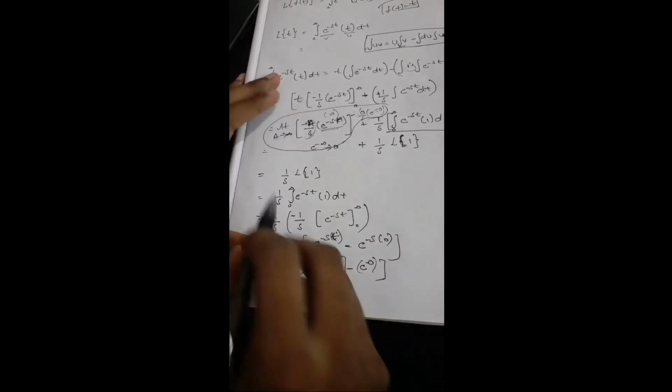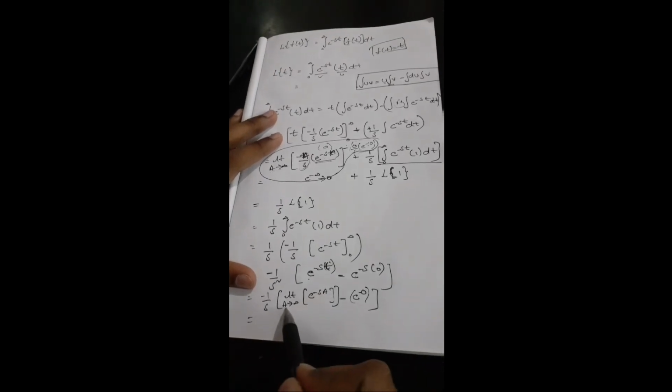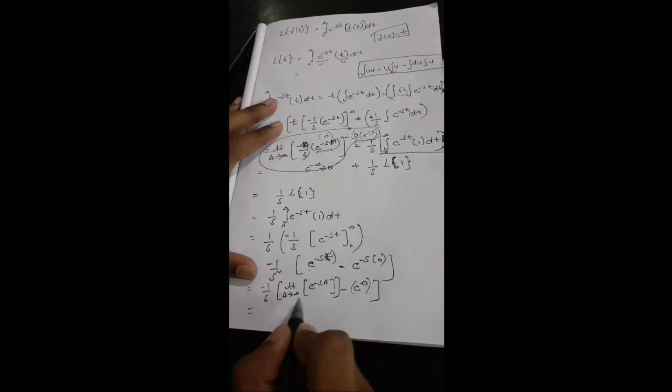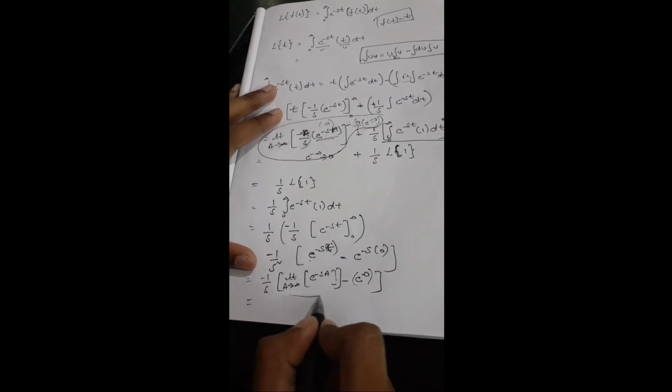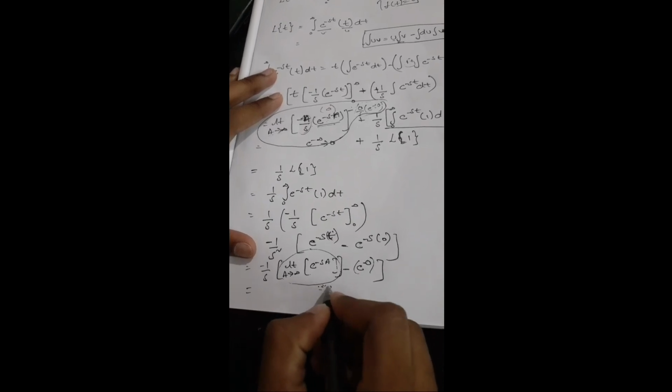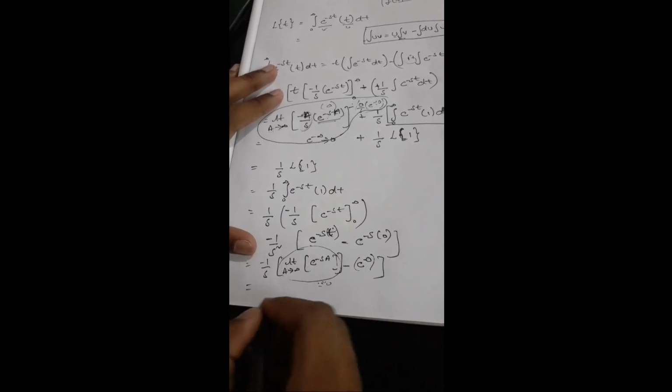This is the same concept which we use here. So e to the power minus sa, where a is tending to infinity, will be almost equal to 0. So you can take it as 0.